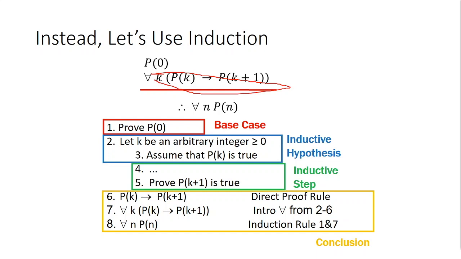Then we have to prove P of k plus 1 and the implication. Then, because of that, in the general case, for all n, P of n will be true.